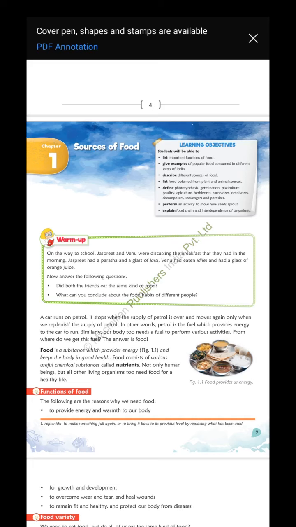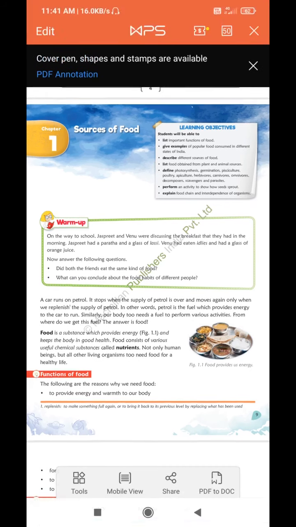In our sleeping period we have to breathe and maintain our heartbeat, so blood circulation is happening, and at that time some energy is needed by our body. So for that we have to take food. Food is a must, a substance which gives energy, and that substance surely contains some nutrients.